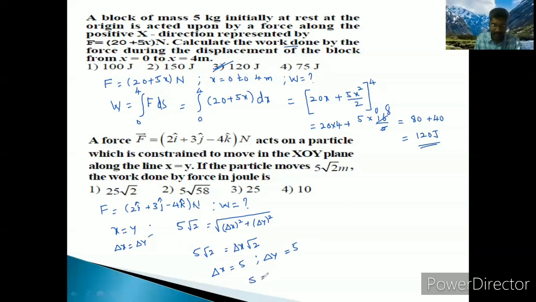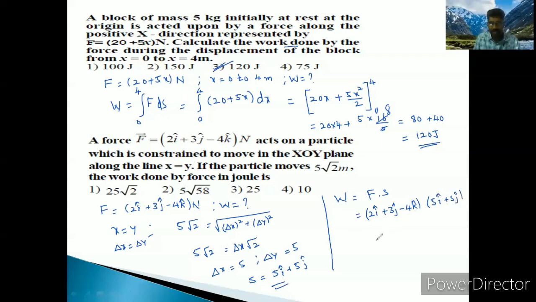So the displacement vector is 5i cap plus 5j cap. This is the S value we got. So what do we need to find out? Work done. Work done is equal to force dot displacement. The force they gave is 2i cap plus 3j cap minus 4k cap, dotted with 5i cap plus 5j cap.